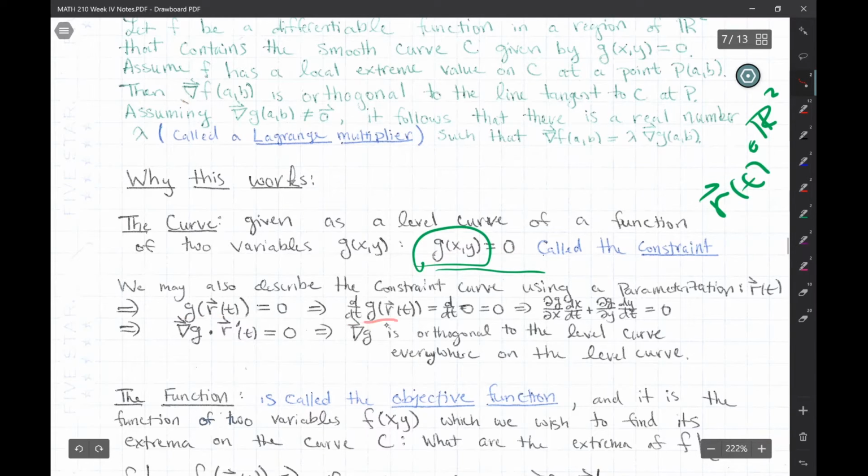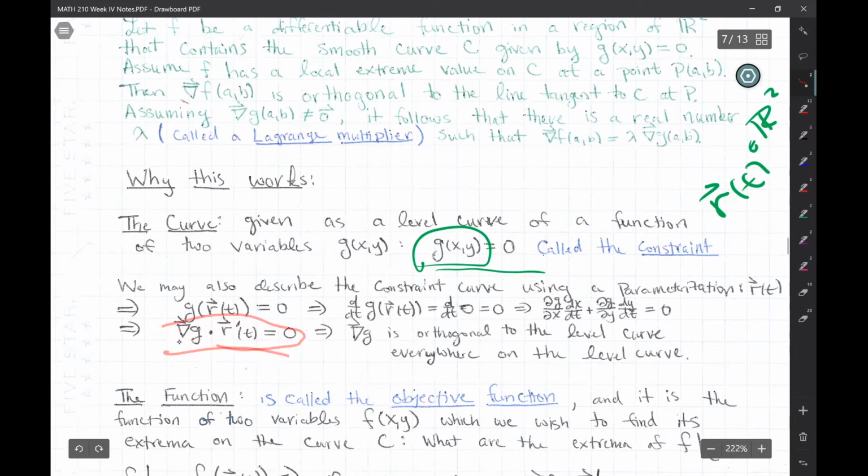Now, taking the derivative of both sides, the derivative of 0 is just 0. But what's the derivative of this guy? Well, the derivative of this is going to be obtained by the chain rule. So we use the chain rule, and we could then write this expression as this. And here's what we need to focus on, okay? What is this telling us?